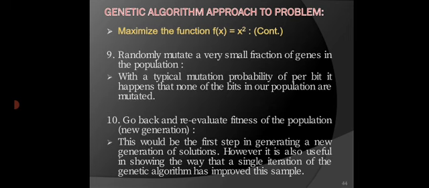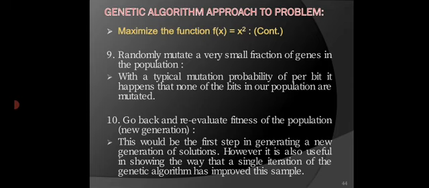Now this is the mutation process. Randomly mutate a very small fraction of genes in the population. With a typical mutation probability per bit, it happens that none of the bits in our population are mutated. Go back and re-evaluate the fitness of the population. Now again assign fitness to the new generation.